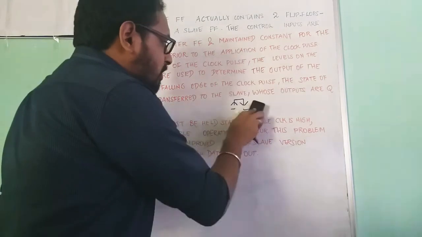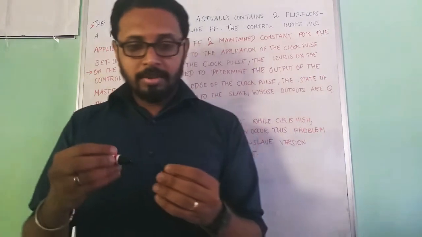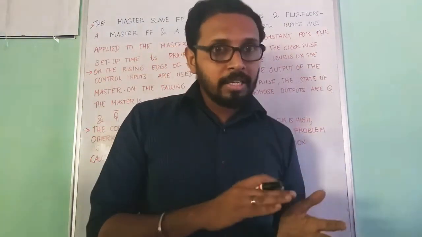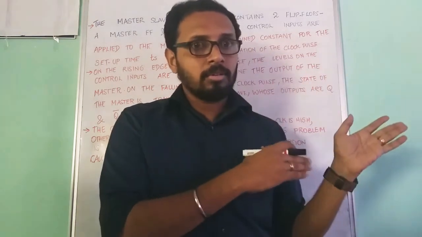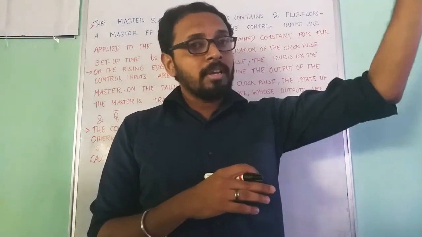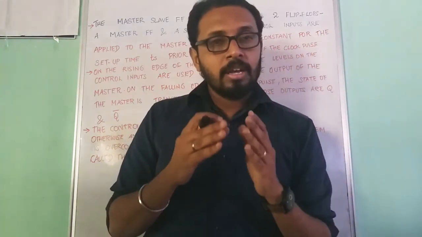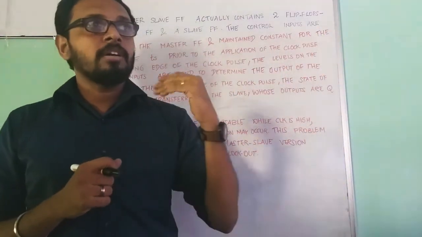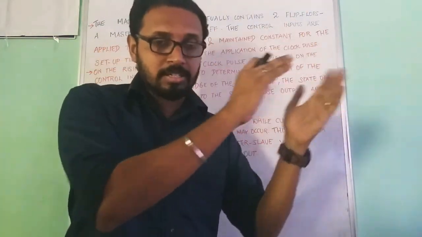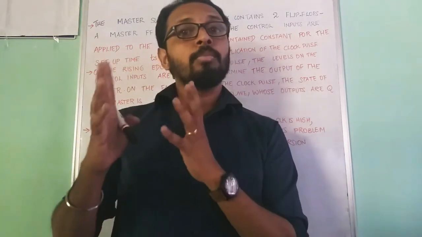So how does it work? During the positive edge of the clock pulse, based on the control inputs and the clock, we give the input to the master flip flop, or the master section, and we determine the output of the master.